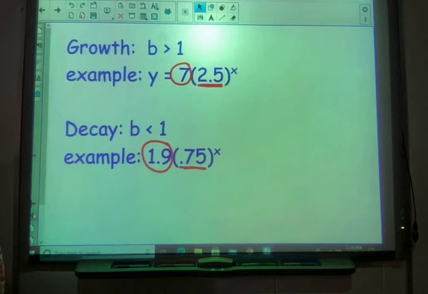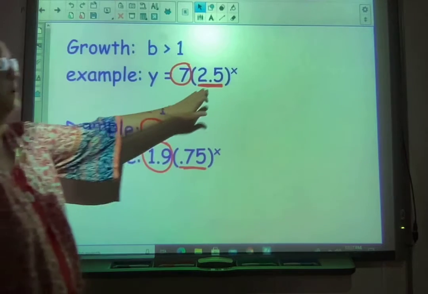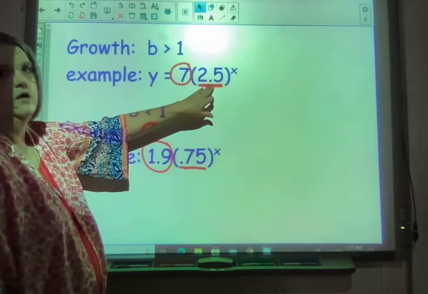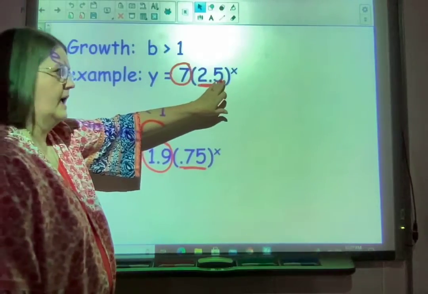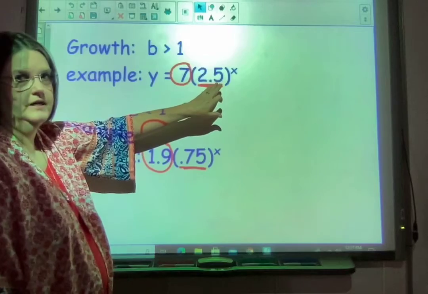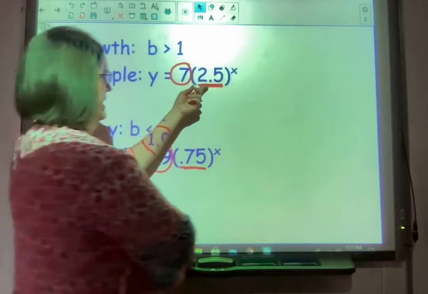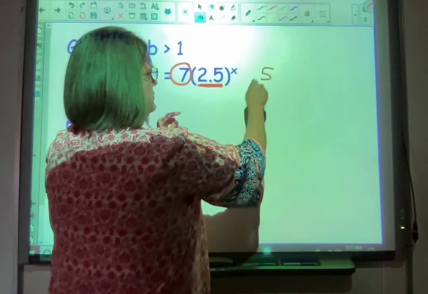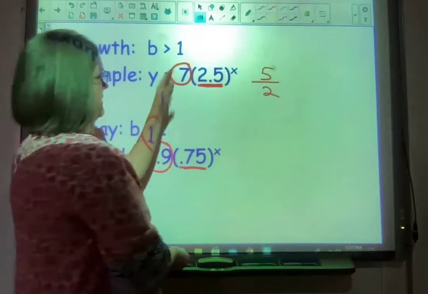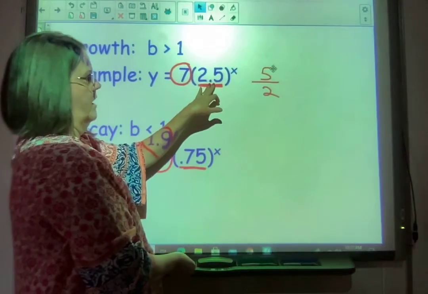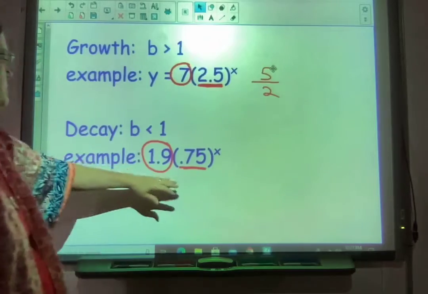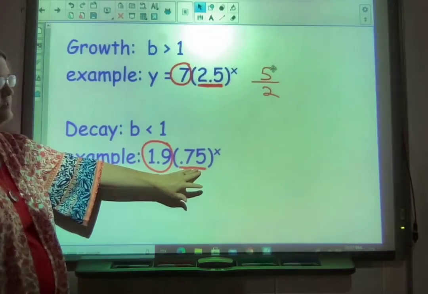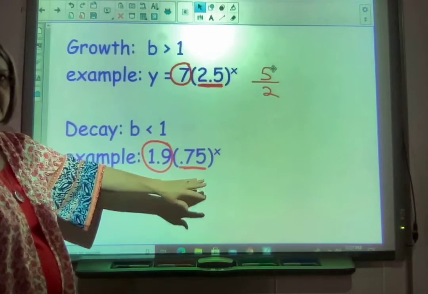All right, if my function is growth, my b, which is this part, will be greater than 1. I can't say that if it's a fraction it's less than 1, because this can be written as 5/2, so don't think that. If it's greater than 1, this right here is growth. You see how this one is less than 1, it's 0.75, that's decay.